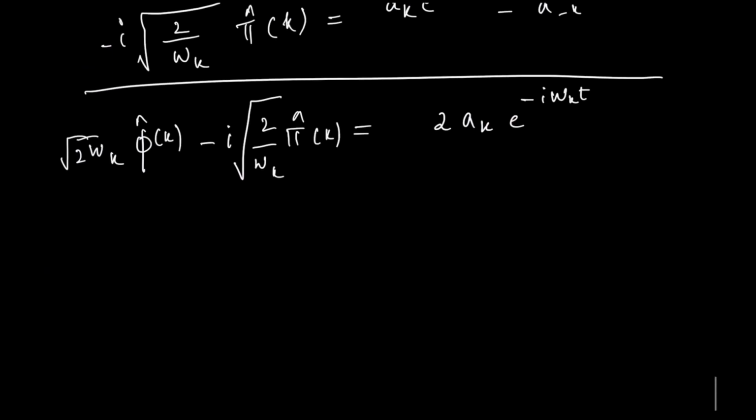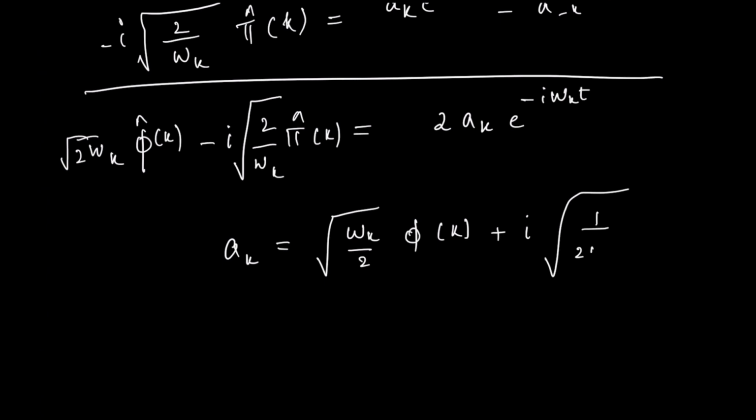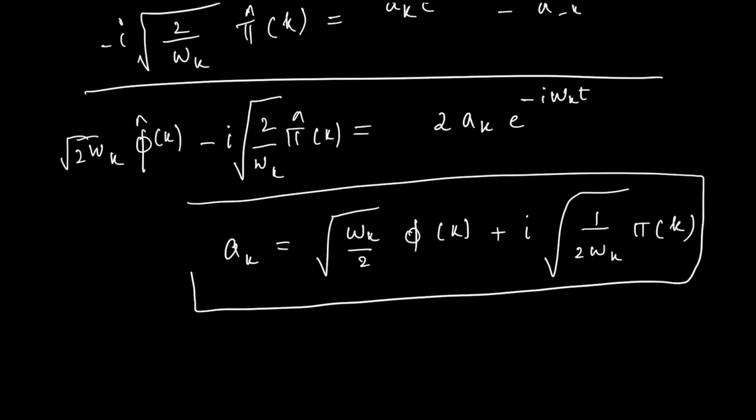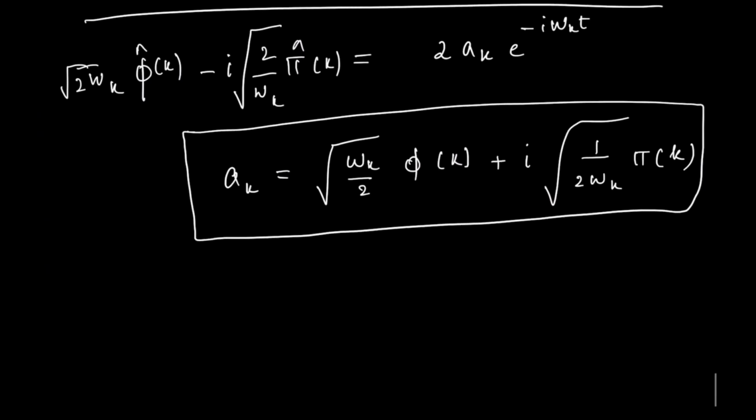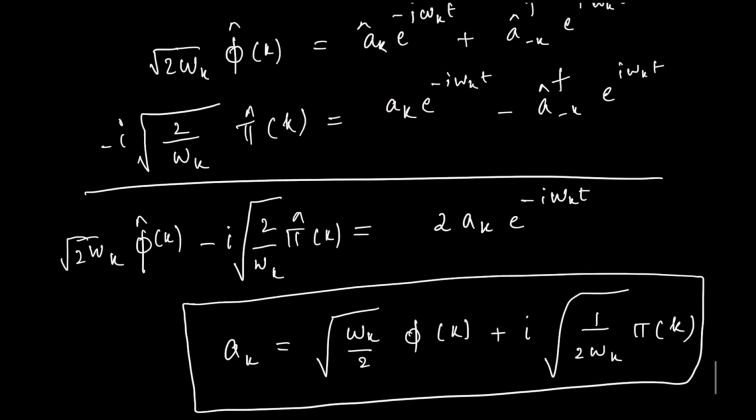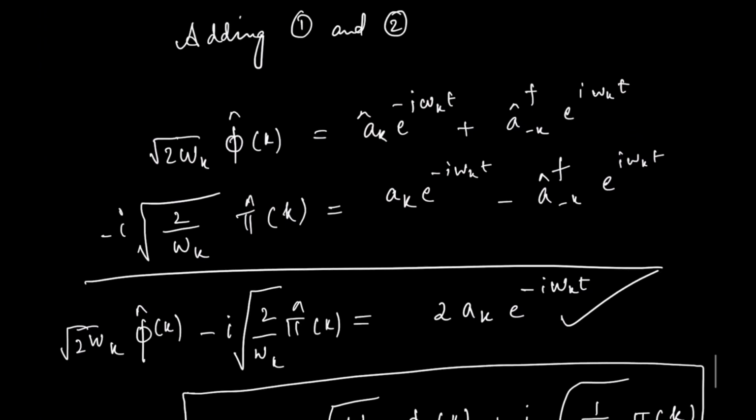So from here I can get a k. a k will be root of omega k by 2 phi of k plus i 1 by 2 omega k pi of k, after rearranging this equation.